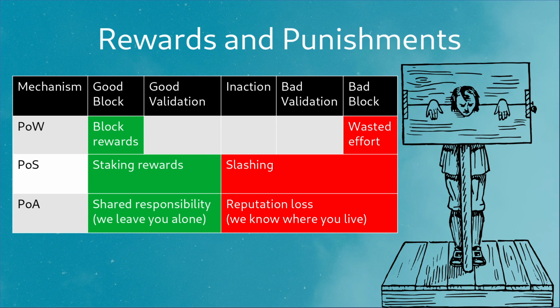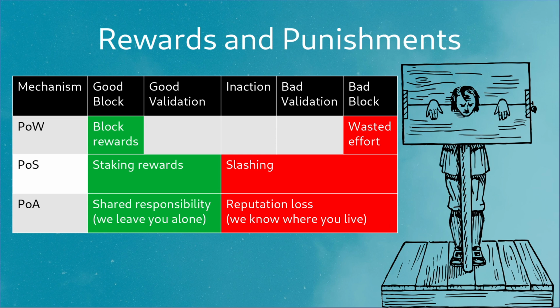It's basically only when you add a good block that is accepted by the other validators, you get the rewards of the block, so you get the mined cryptocurrencies and you get the transaction fees. But if you just propose a bad block that is not accepted by the other validators, all you do is you lose your effort. So they think this is enough for proof of work, that when you behave well you get rewards, and if you behave badly, okay, you just waste your time.